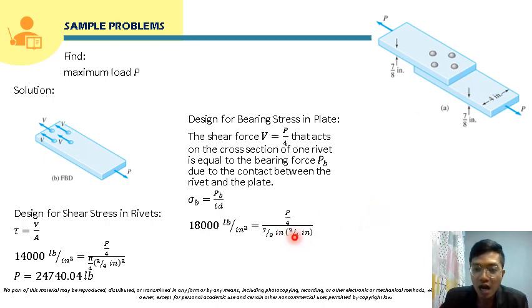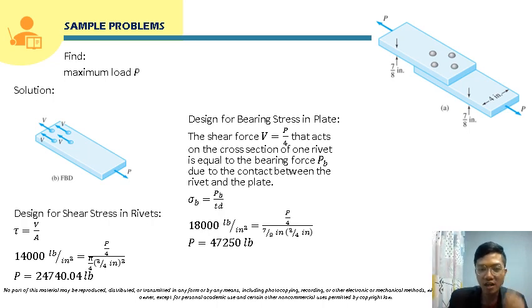Again, you have to be consistent with the units, you have to check that. So we can solve here for P. P is equal to 47,250 pounds. So that is the value of P here.